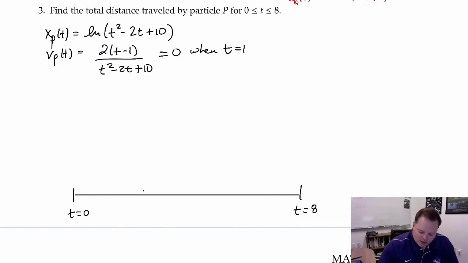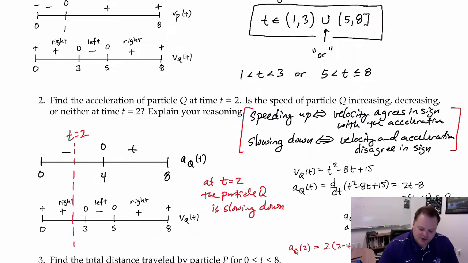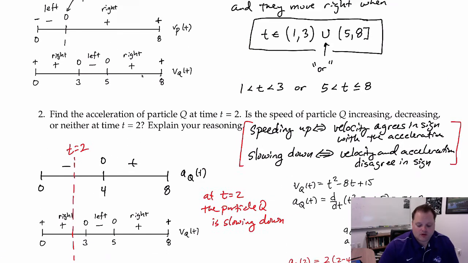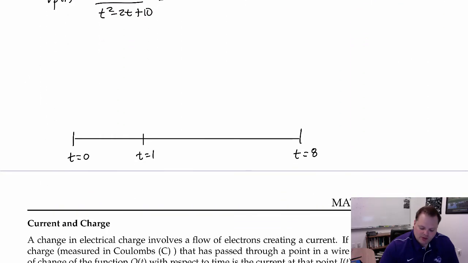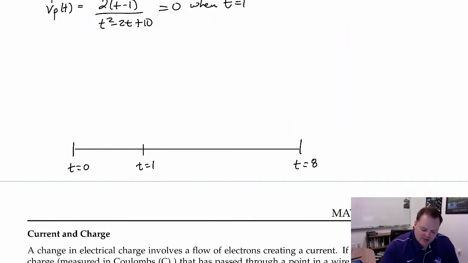I know at t = 1, this thing's going to stop moving, but I want to look at it because it changes directions. If you go here for the velocity of particle p, we change directions. We're moving to the left initially, but then we move to the right after stopping at time 1.